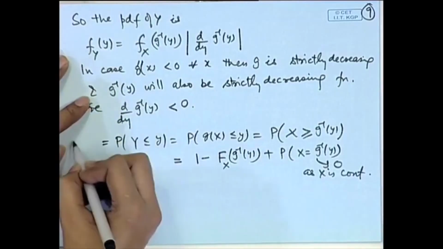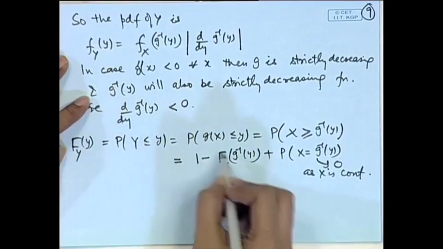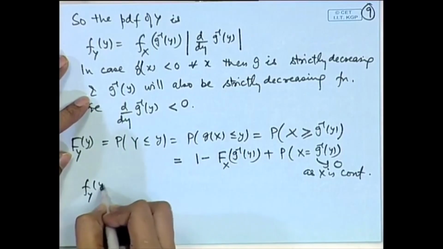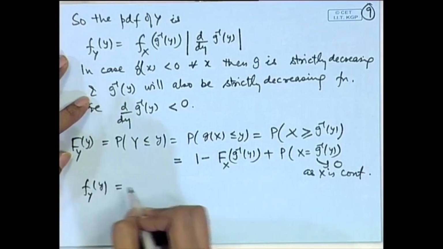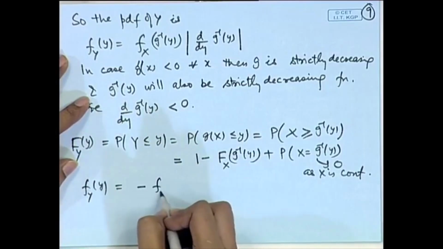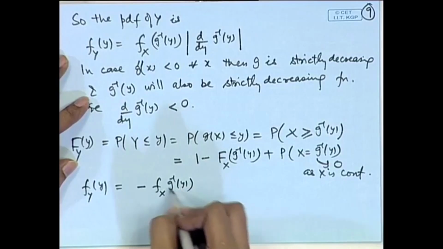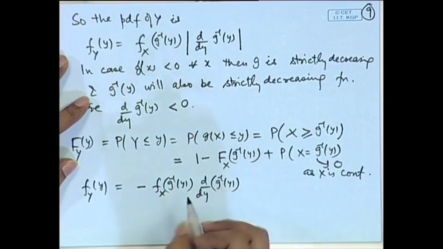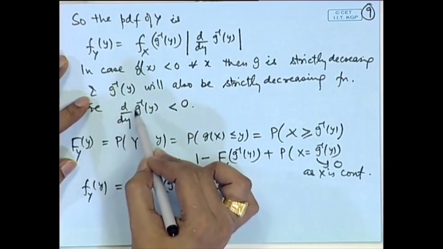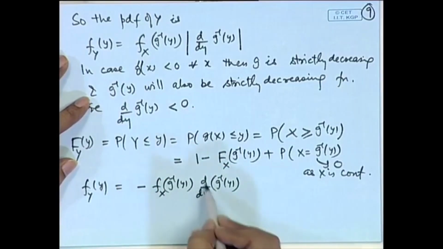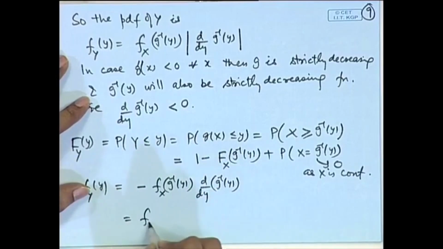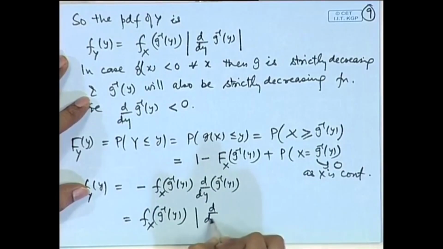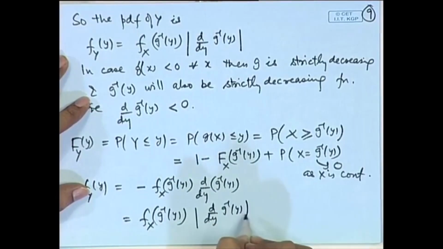So, the CDF of Y is determined in terms of the CDF of X. If you differentiate, we get the PDF of Y as minus f_X(g inverse(y)) times d/dy of g inverse(y). Since d/dy of g inverse(y) is negative, minus of this is the absolute value. So, this is f_X(g inverse(y)) multiplied by the absolute value of d/dy of g inverse(y).